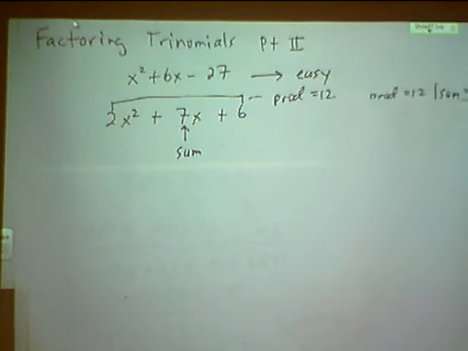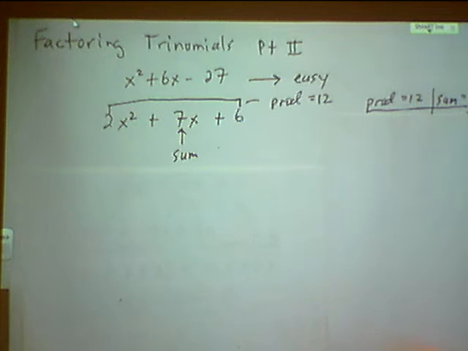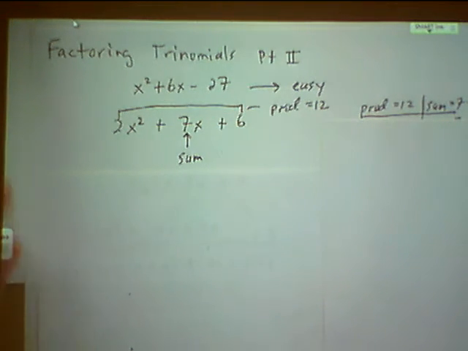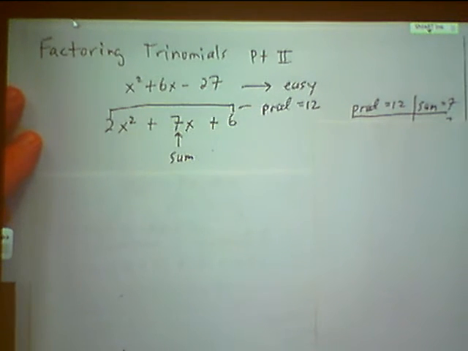So I went off to the side and I created my product sum table, and I wrote up there I was looking for a product of 12 and a sum of 7. And I can say I'm off the screen again. So what two numbers multiplied together equal 12, and when you add them equal 7? Turns out 4 and 3. 4 times 3 is 12, and 4 plus 3 is 7.